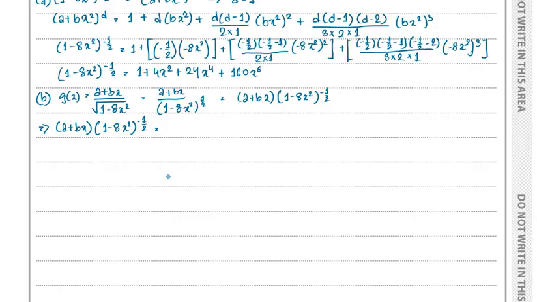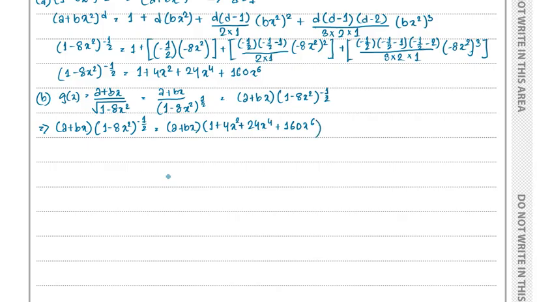So this would come out to be (a plus bx) times the expansion of part A, which is 1 plus 4x squared plus 24x to the power 4 plus 160x to the power 6.